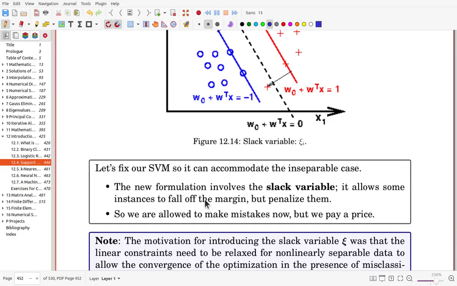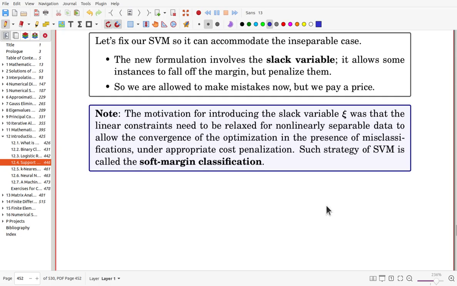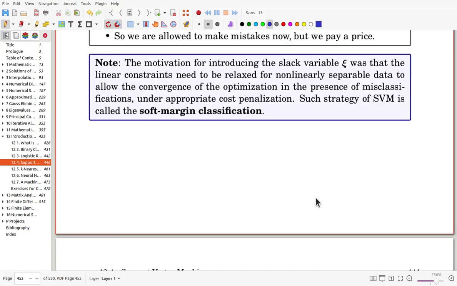It allows some instances to fall off the margin, but penalizes them. So we are allowed to make mistakes now, but we pay a price. We introduce a slack variable, and such an SVM, support vector machine, is called soft margin classification. So it is involving some cost penalization.